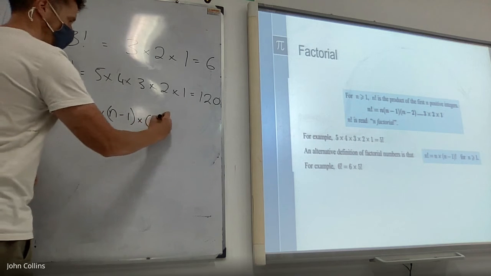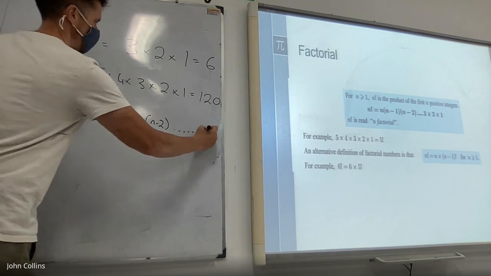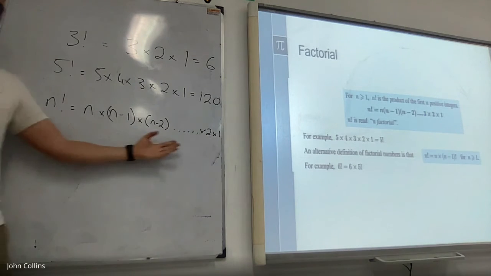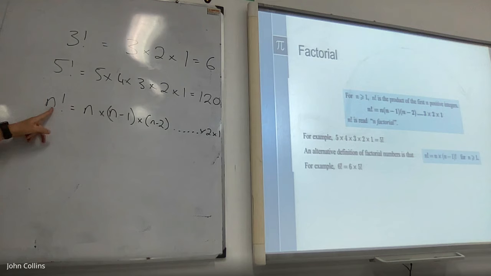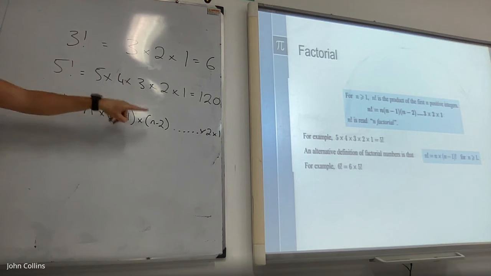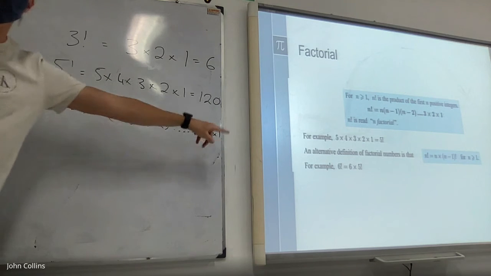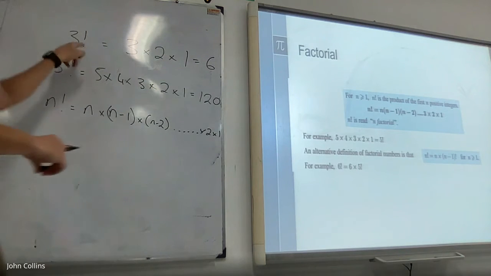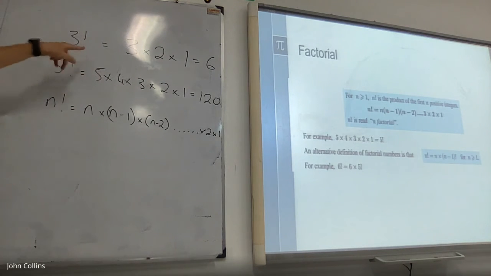And then n minus 2, all the way down till you end up with 2 and 1 again. So that's the general term for it. Whatever you start with, say 5, just take away 1, multiply it, take away another 1, multiply it until you end up at 1. And that's the general term, and this exclamation point is called factorial.